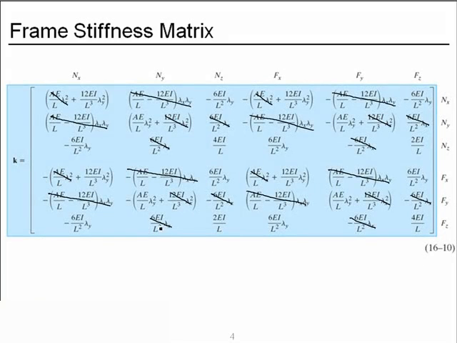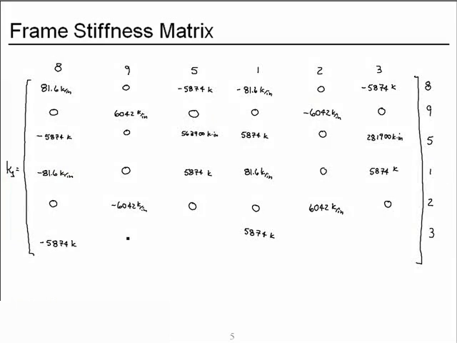The second and fifth column entries are both 0. The third is 2EI over L, and the last is 4EI over L. So we have 0, 281,900 kip inches, 0, and 563,900 kip inches.